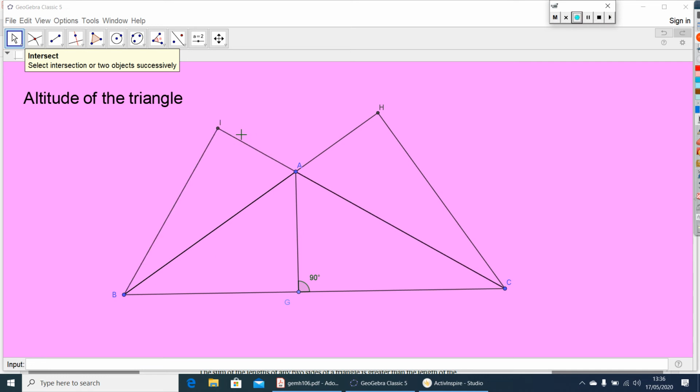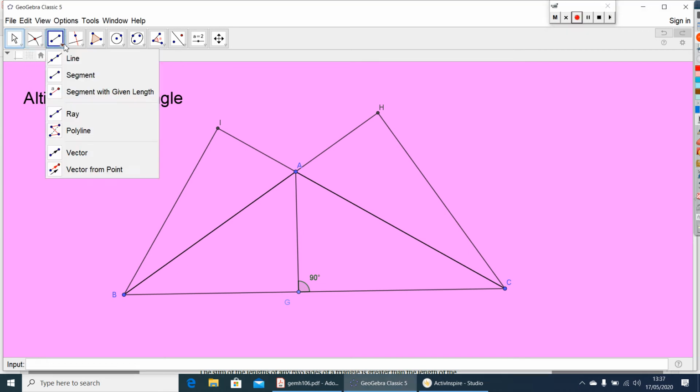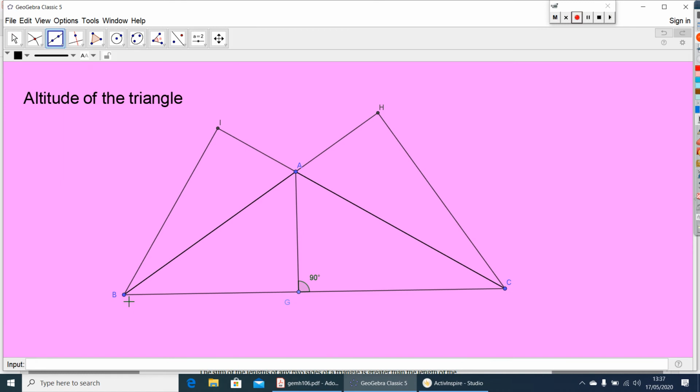BI is the altitude from B to CA. Here in CA you won't get a perpendicular inside CA, so you produce CA to I to get the perpendicular.